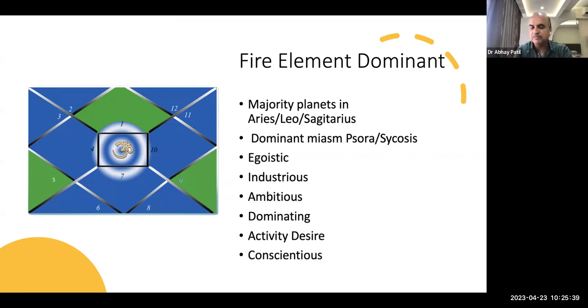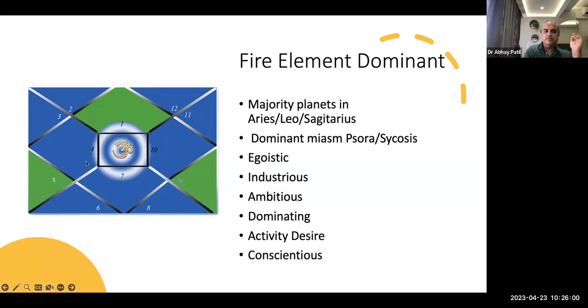in you. So if fire element dominant is there, that means what? Fiery signs are Aries, Leo, and Sagittarius. These 3 signs are fiery signs.